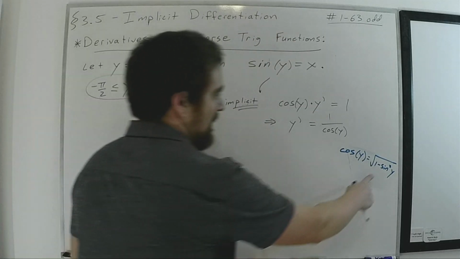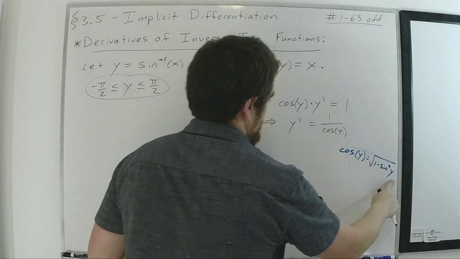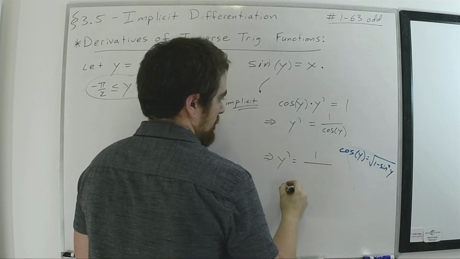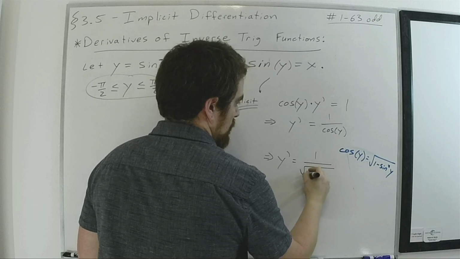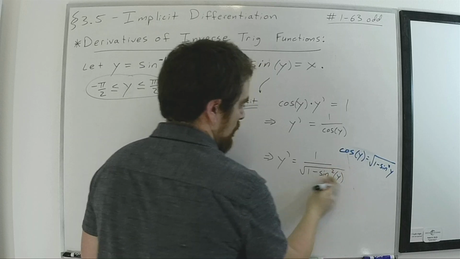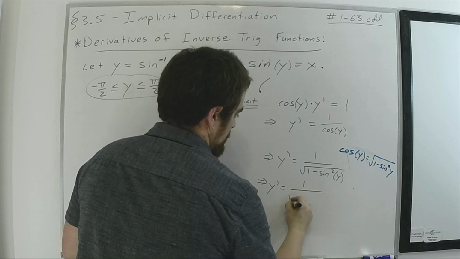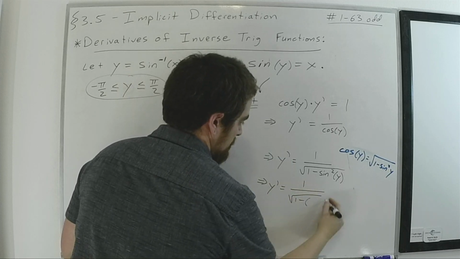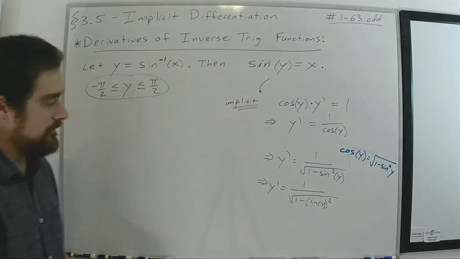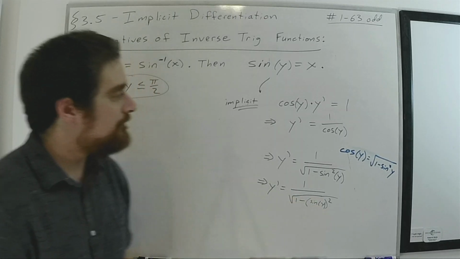So I'm going to take the positive square root, and I'm going to look at this as y prime is equal to 1 over the square root of 1 minus sine squared of y. Now I'm squaring the whole sine of y, so really y prime is 1 over the square root of 1 minus sine of y quantity squared under the radical. So the sine function is being multiplied by the sine function.